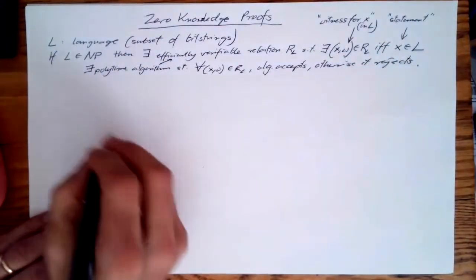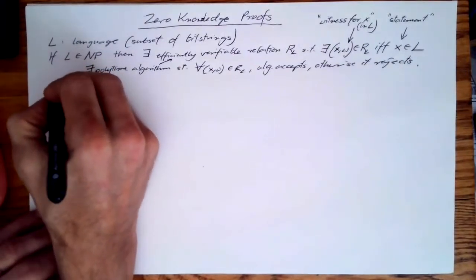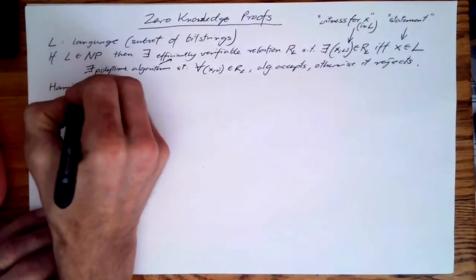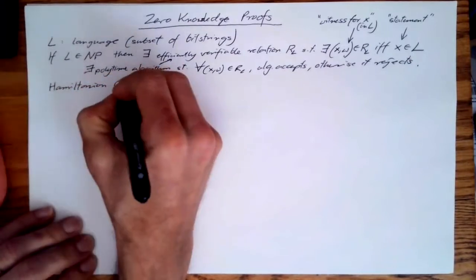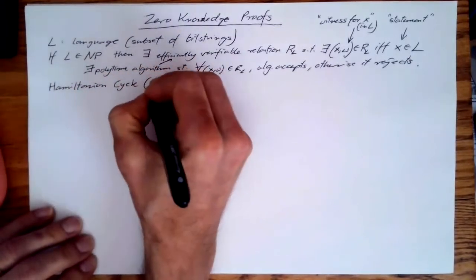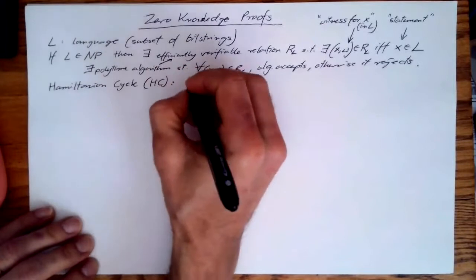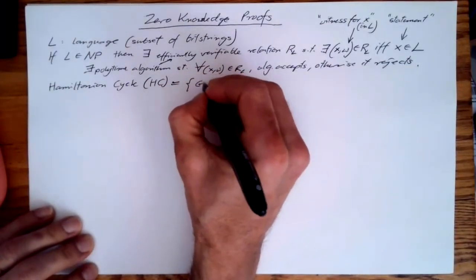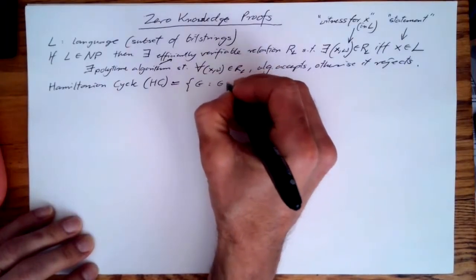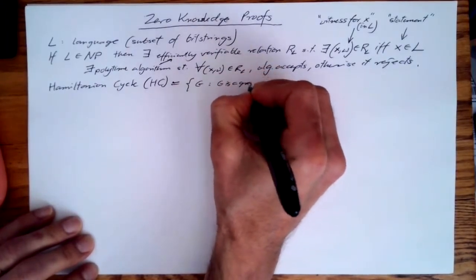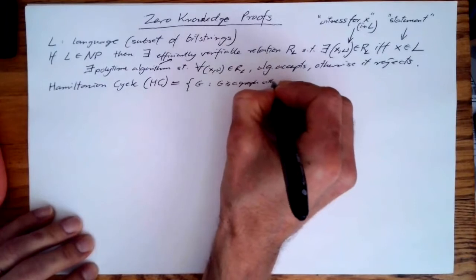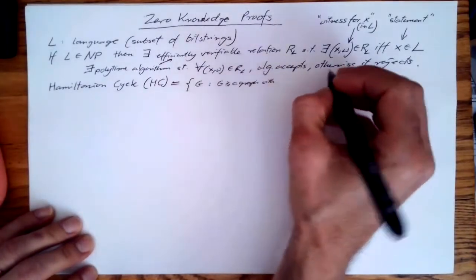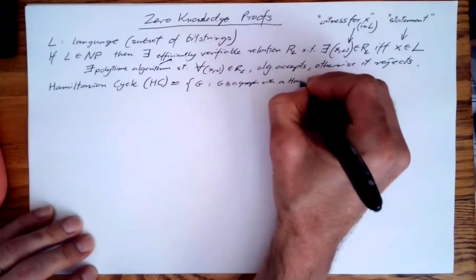Let's give examples. So consider the following language, Hamiltonian cycle. It's the language of graphs G such that G is a graph with a Hamiltonian cycle.